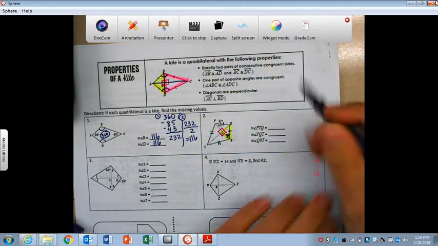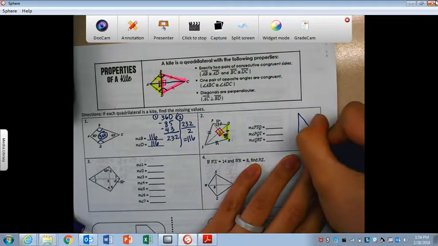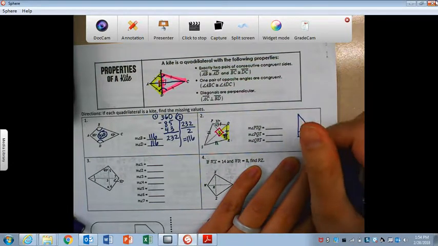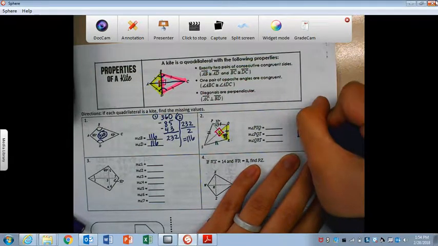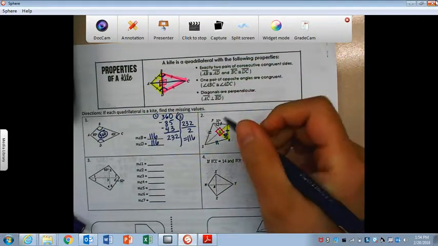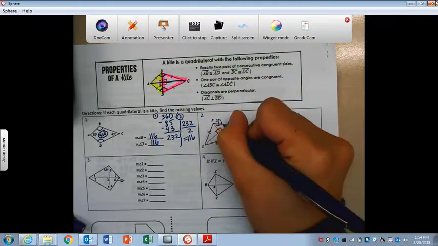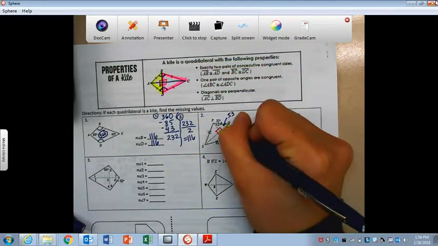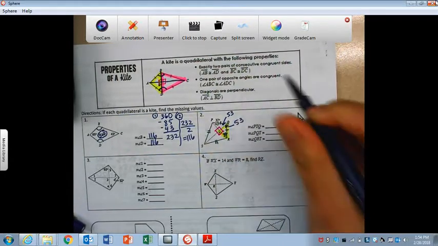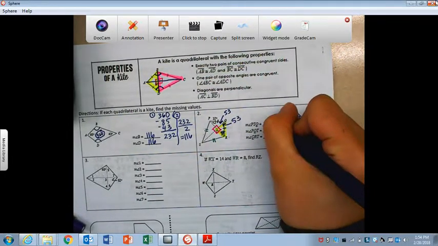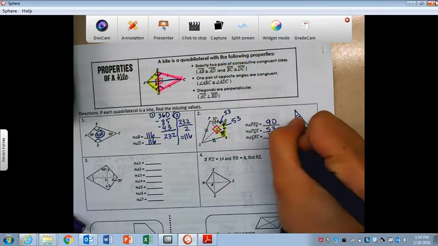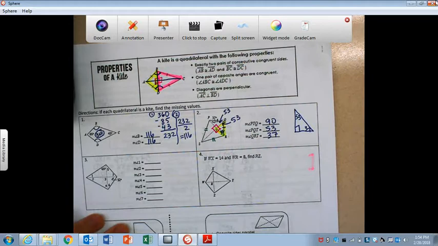So here, that's a 90, that's 37. You have to ask yourself, what is the missing angle? That's going to be 53. So both these angles, I'm going to just draw arrows so it's clear, that's 53, and that's 53. So now you're going to have 90 here, 53 here, and 37 here.